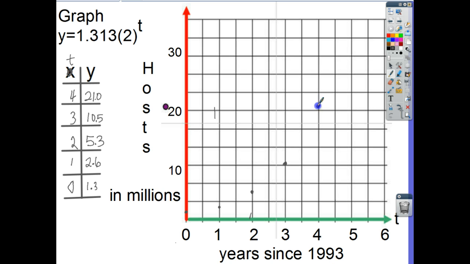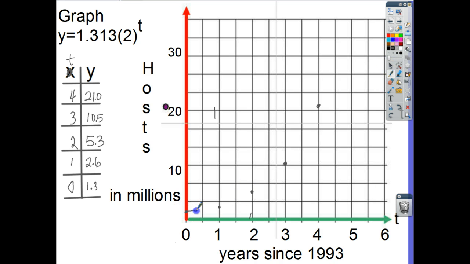And at 5, let's see, let's go ahead and put 5 in there. And at 5, well, I'm going to change my mind. I don't think we need 5. So let's just go ahead with the ones that we have here. Okay, and now we graph it.